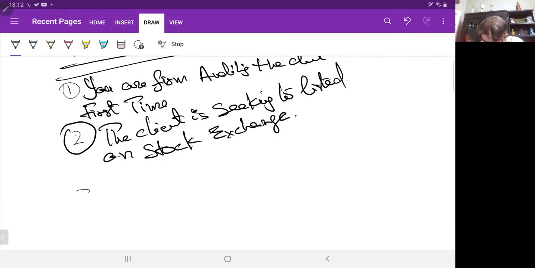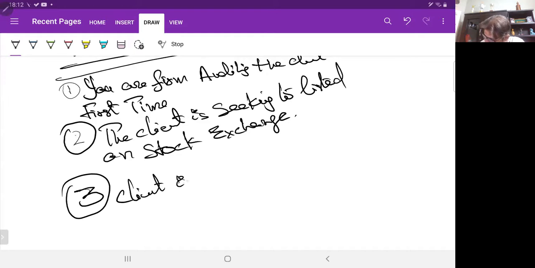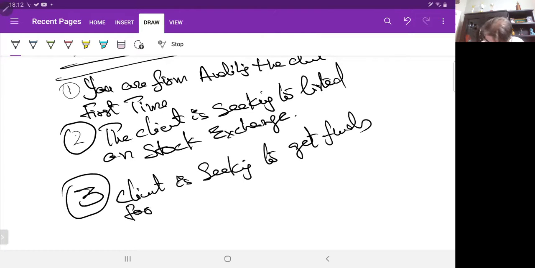Another: the client is seeking to get funds for a loan.